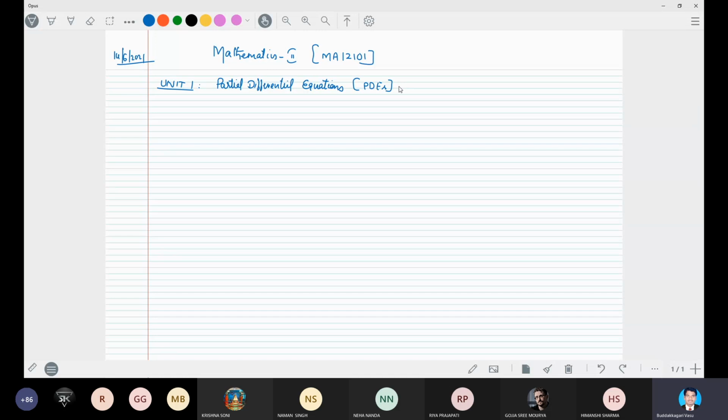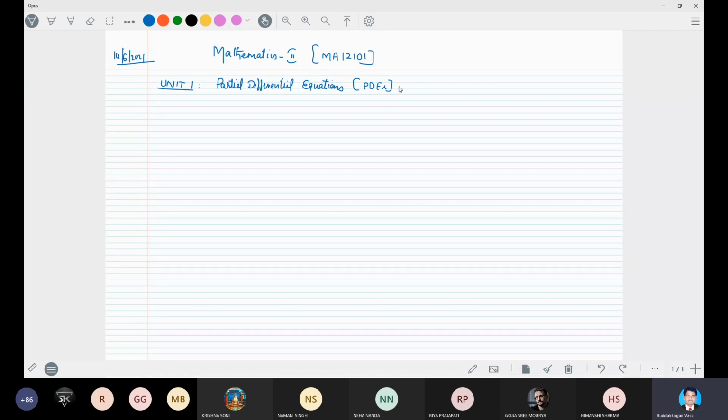So the partial differential equations are the extension of ordinary differential equations. Hopefully, you know very well the significance of differential equations, mainly ODEs.